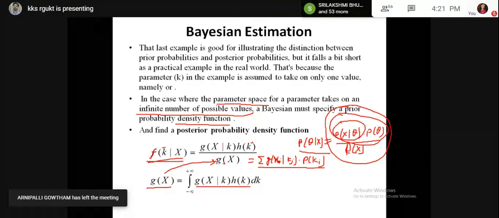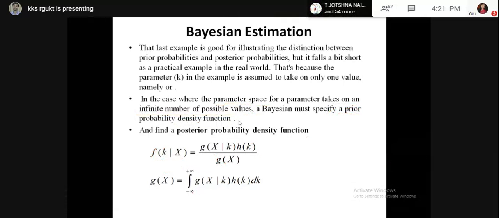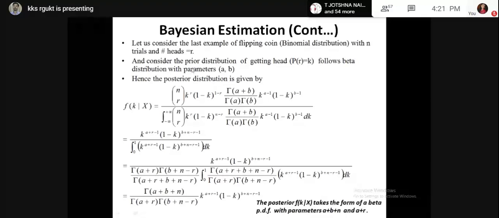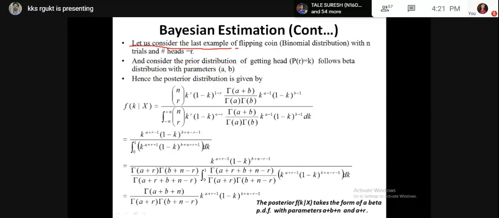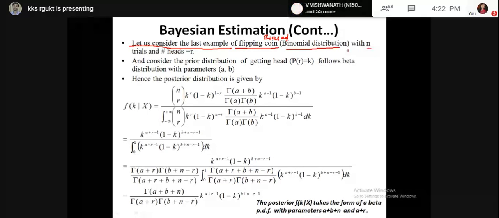Now let us consider the last example of flipping a coin, in fact a biased coin. It follows a binomial distribution with n number of trials, and in n trials the number of heads appeared is r times.